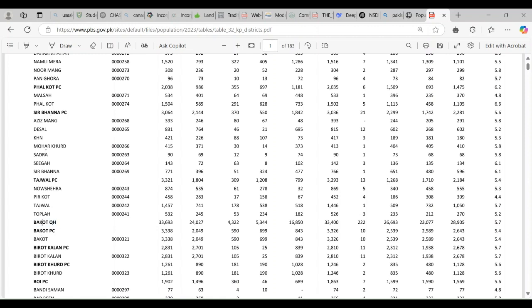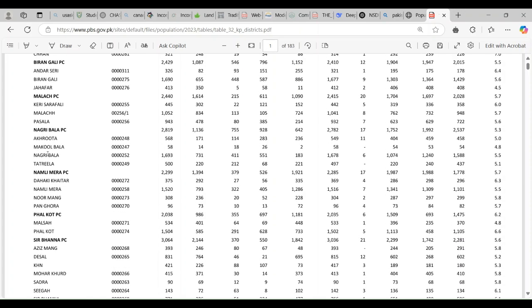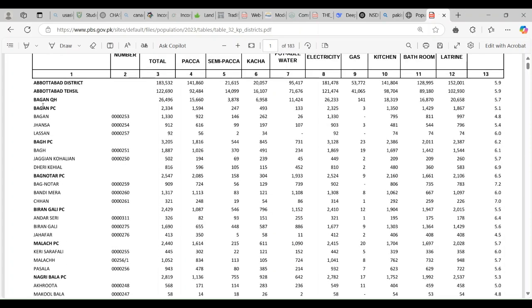Before that, all the PCs belong to this particular Kanungo, and each Patwar circle will have its own Mauzas, and that is the information we need to collect.